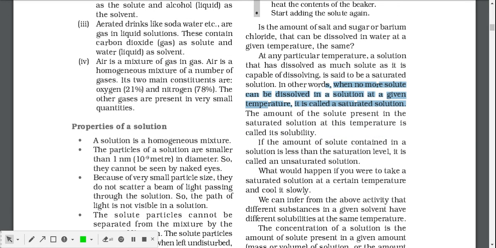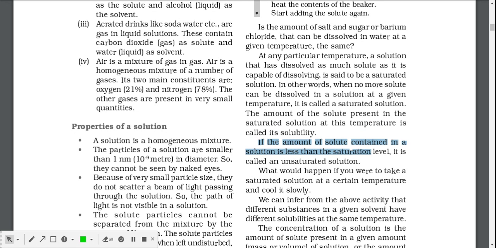The amount of solute present in the saturated solution at this temperature is called its solubility. So the amount of solute that a saturated solution has dissolved at a particular temperature, that amount is known as solubility. So what is an unsaturated solution now? If you can still dissolve more solute in the solution, that is basically an unsaturated solution: if the amount of solute contained in a solution is less than the saturation level.